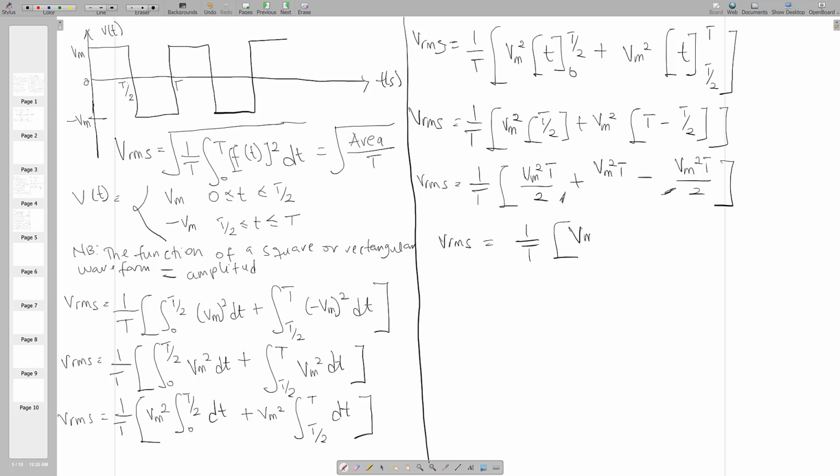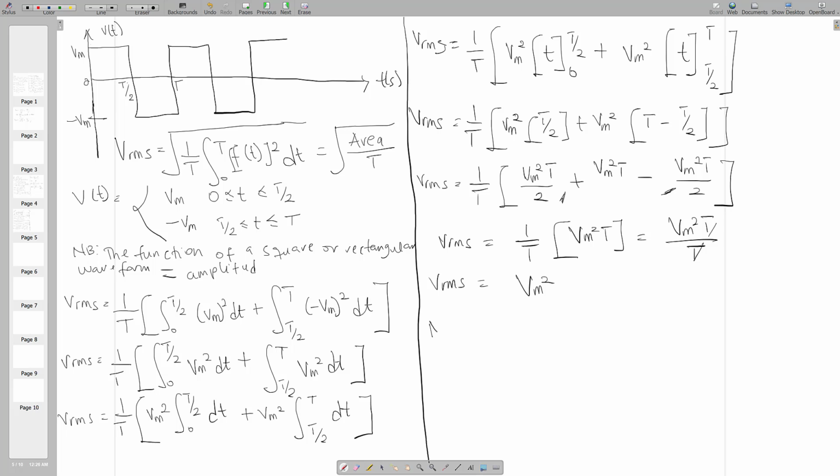And here will be just Vm squared times t. Simplifying this, we can see that Vm squared t all over t. So t will cancel t, and your V_RMS will be equal to Vm squared.